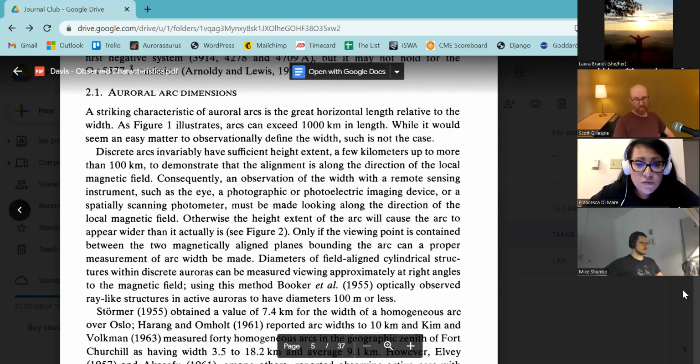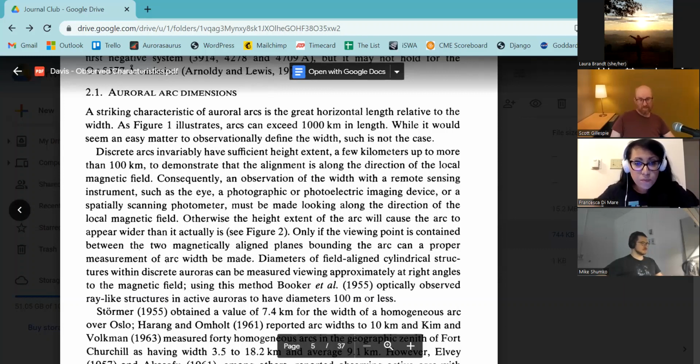Consequently, an observation of the width with a remote sensing instrument such as the eye, a photographic or photoelectric imaging device, or a spatially scanning photometer must be made looking along the direction of the local magnetic field. Otherwise, the eye extent of the arc will cause the arc to appear wider than it actually is.